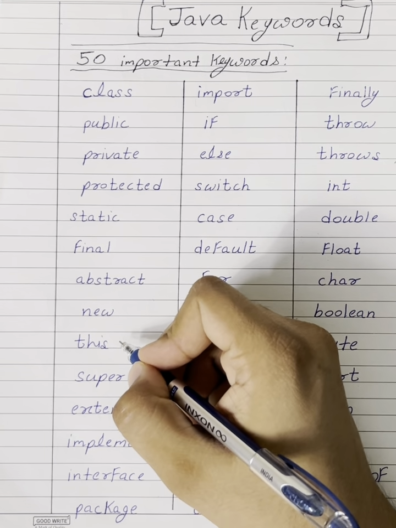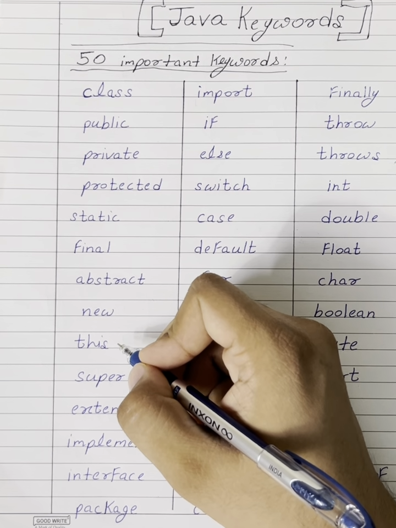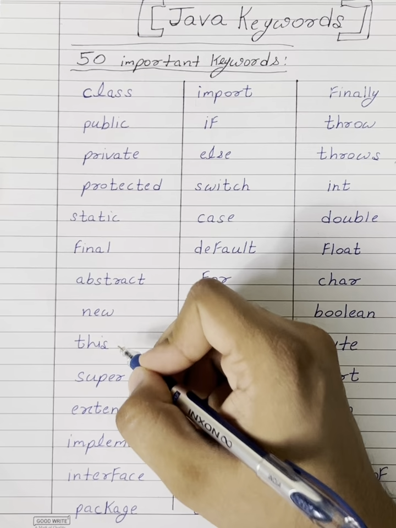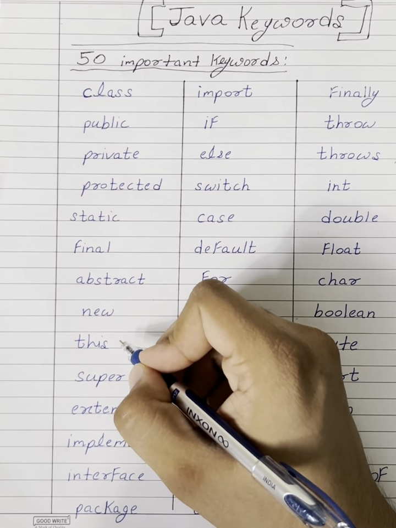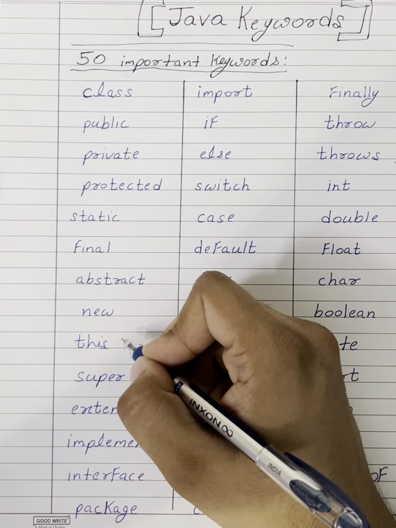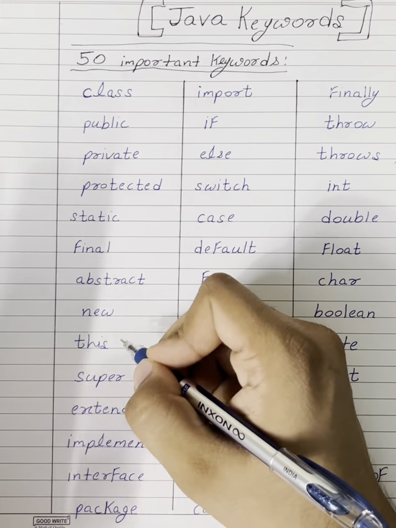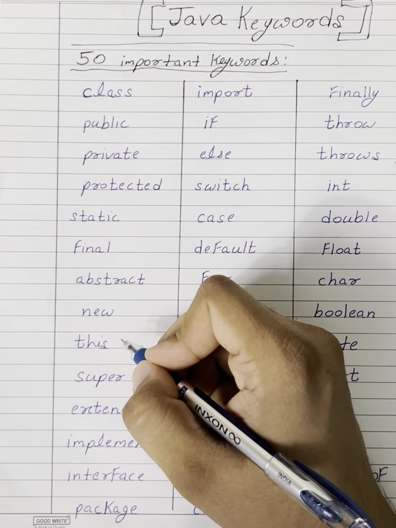Next is the this keyword. Guys, this keyword refers to the current object of the class, and it is mainly used to distinguish between instance variables and local variables when both have the same name.